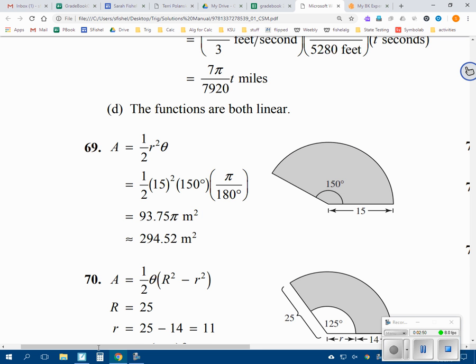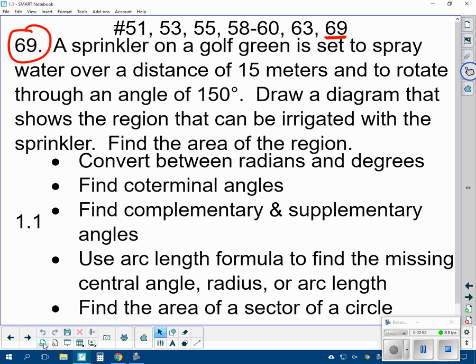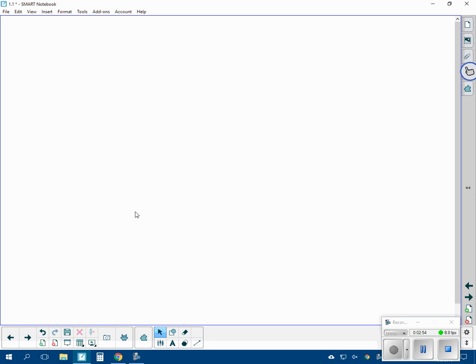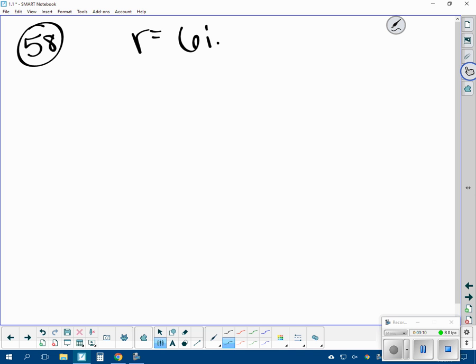Okay, what numbers do you want to go over? Say again? 58. Okay, they have told us to find the area of the sector where your radius of your circle is 6 inches and your central angle is pi over 3.